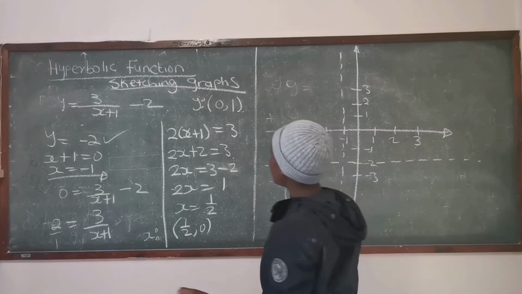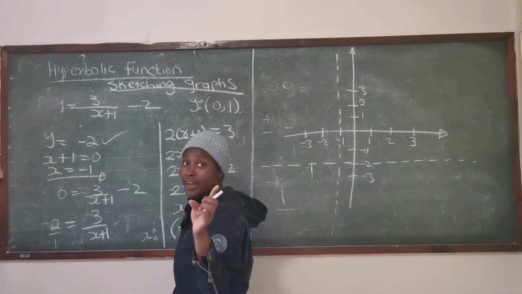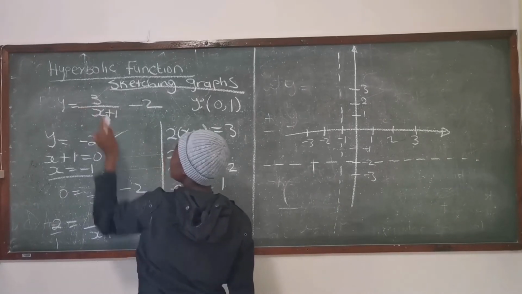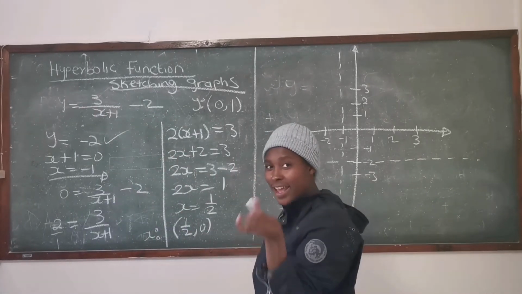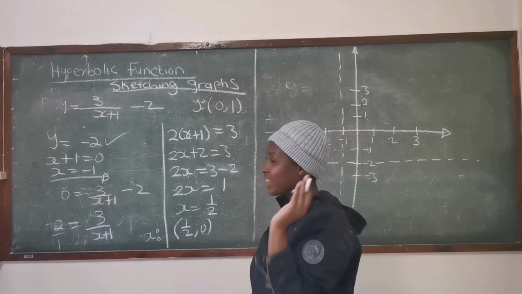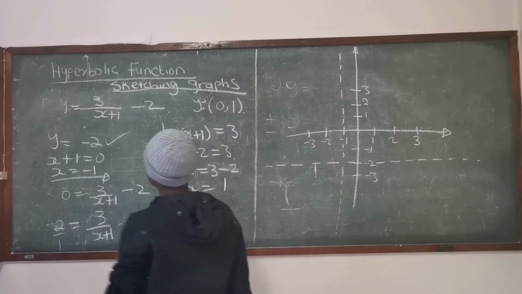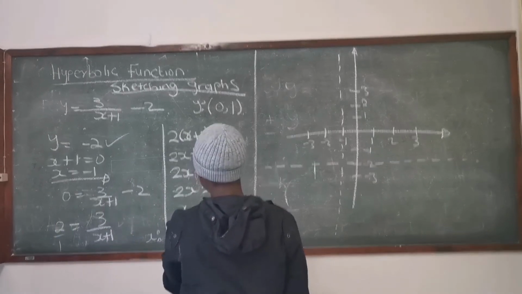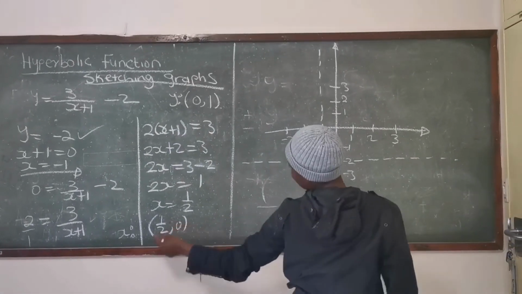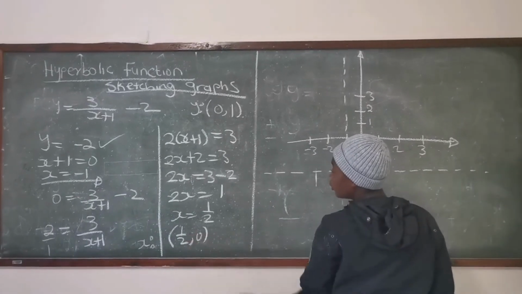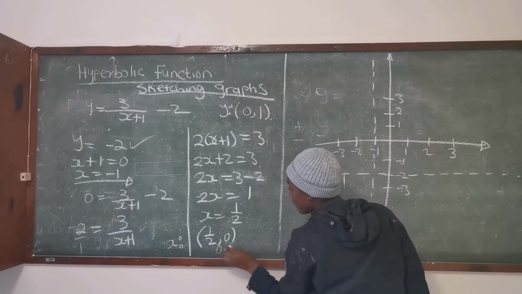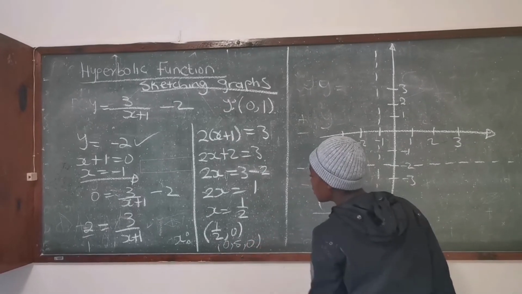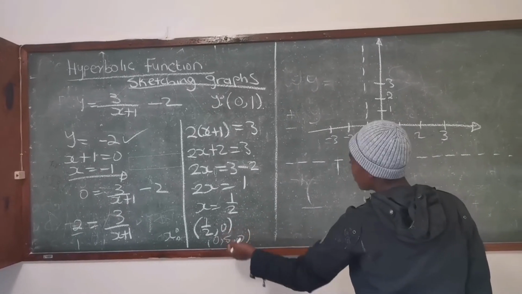Another thing, since our k is positive, it means our graph is gonna lie on the first quadrant and third quadrant. Note that. So our x-intercept is represented by 1/2, which is also 0.5. I'm sure you know that. And then our y is 0.